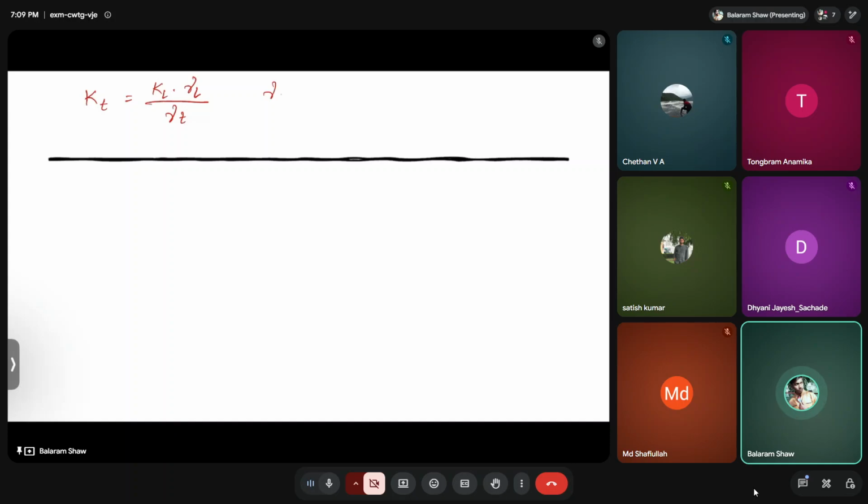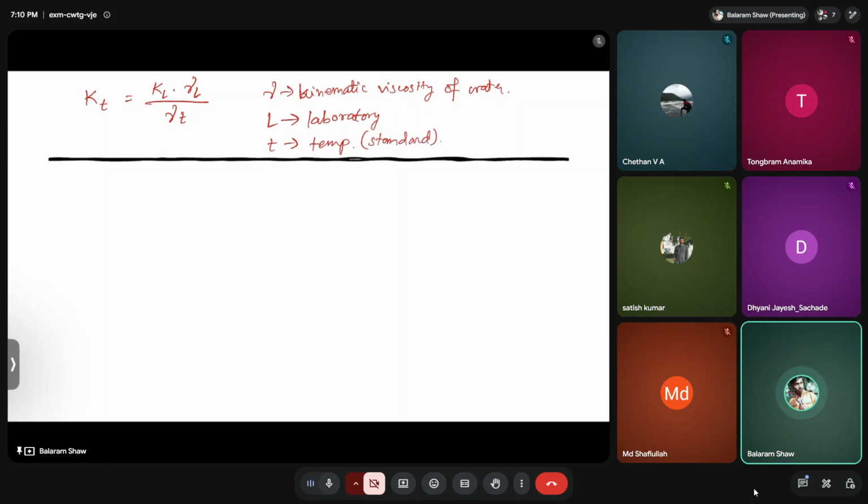What is nu? It is the kinematic viscosity of water. L here represents the laboratory, and T says the temperature, or let's say standard temperature.